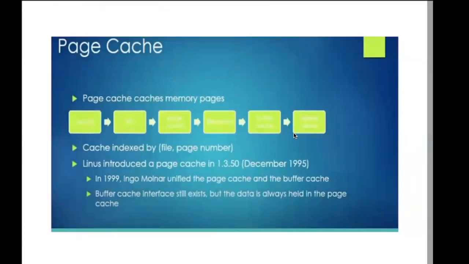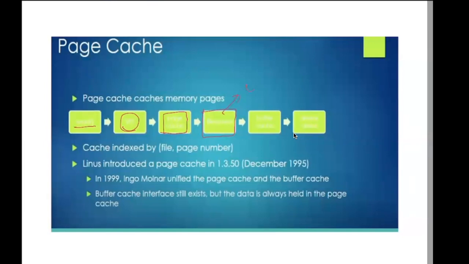If you see here, this is a read that we are issuing, and it goes to the virtual file system, and then it will search in the page cache. Then, based on the page cache, if I want to write some data to the disk, or read some data from the disk, it will tell a specific file system.